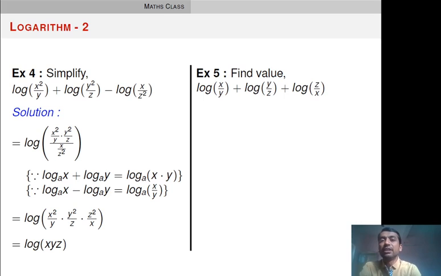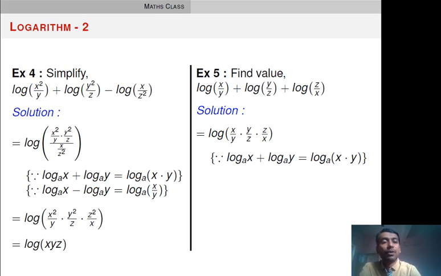Let's look at the last example for this session. Find out the value of log x upon y plus log y upon z plus log z upon x. Here again, the base is not mentioned. It means it is e, and all three terms are positive. It means they will result in multiplication of the terms.